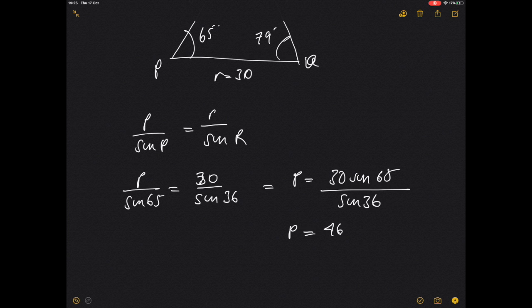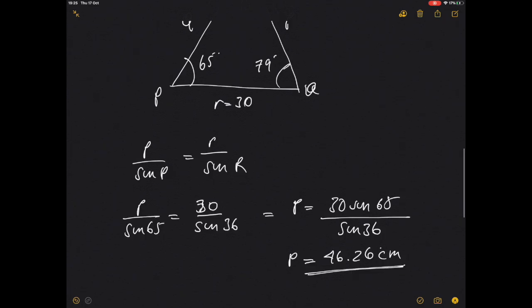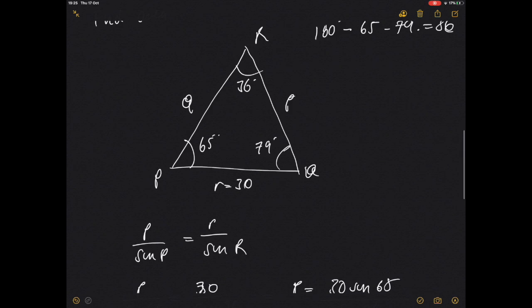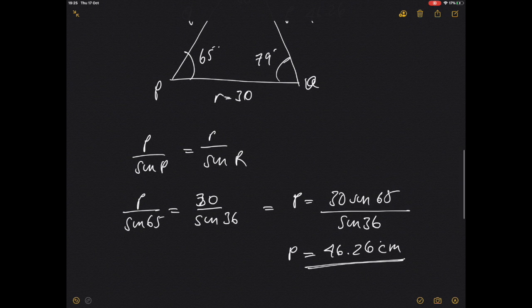which means we get an answer of P equals 46.26 centimeters. So we've worked out what our P is here, which is 46.26, and all we need to do is use the same equation that we've been previously shown.